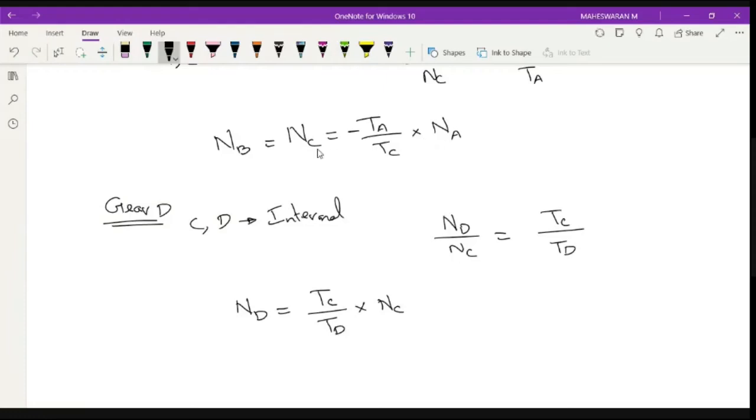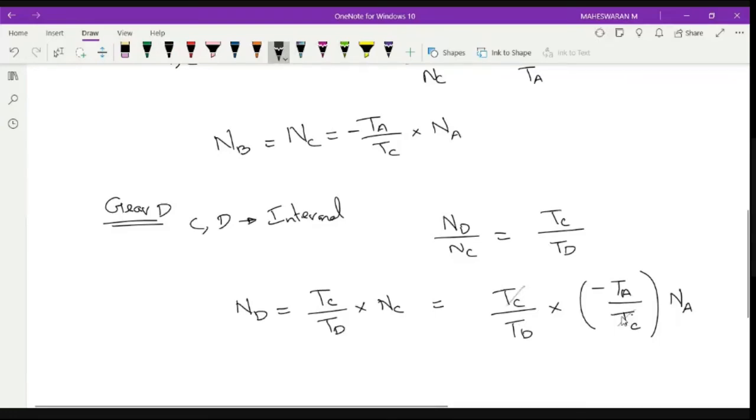But we already have a relation of NC in terms of gear A, which means I can write this as TC by TD into minus TA by TC into NA. You can see this is getting cancelled.